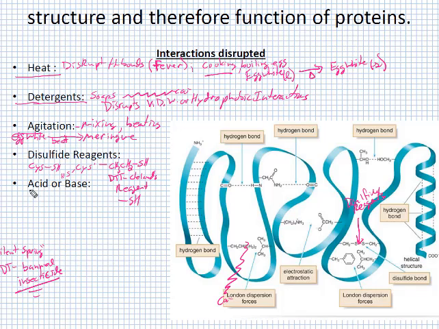All right, lastly, acid or base denaturation. Again, you could try this with milk. When milk goes sour, what's happening is there's bacteria in the milk that are oxidizing the sugars, and the sugars get oxidized to acids, and the acids denature the milk proteins, and you get this clumpy soured milk.